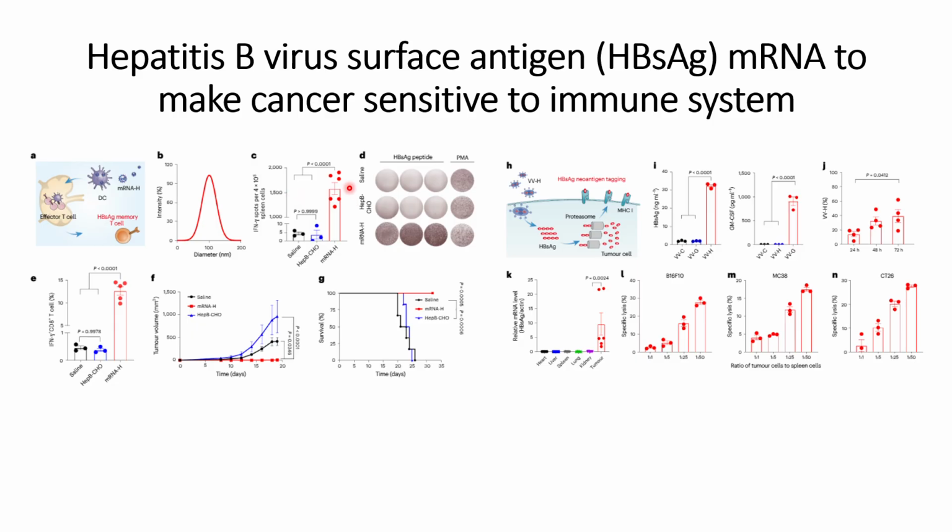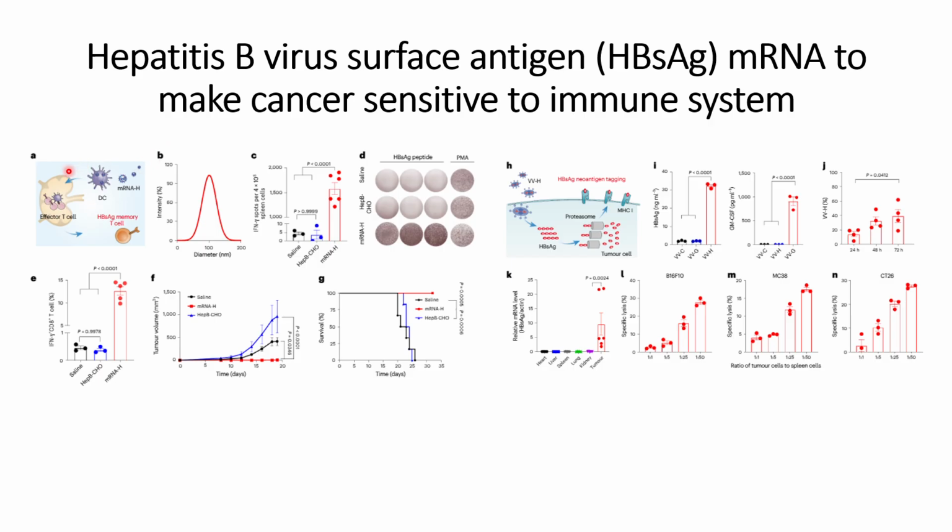The idea is that before these lipid nanoparticles are detected by the immune system, they will already have done their function to express this hepatitis B surface antigen on the cancer cells.